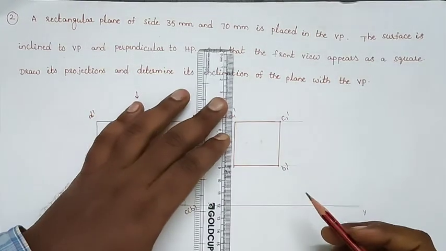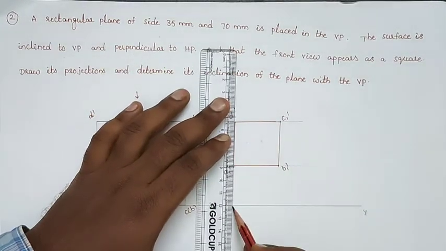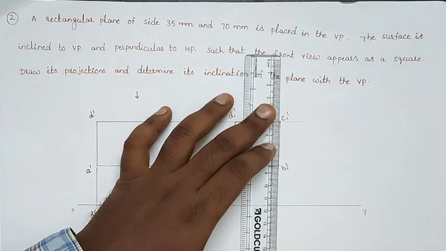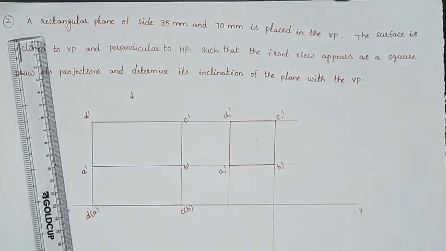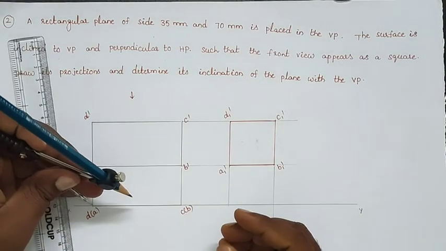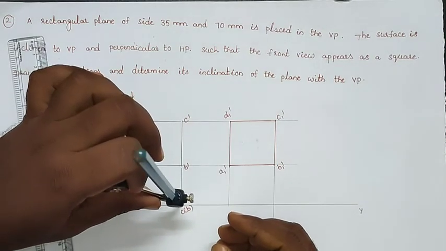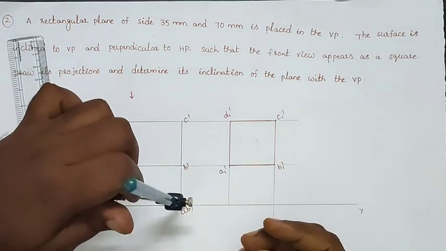Now we will project this line and this line from B1 dash and C1 dash in the vertical direction, with the length of the first top view, measuring the length of the first top view using your protractor.